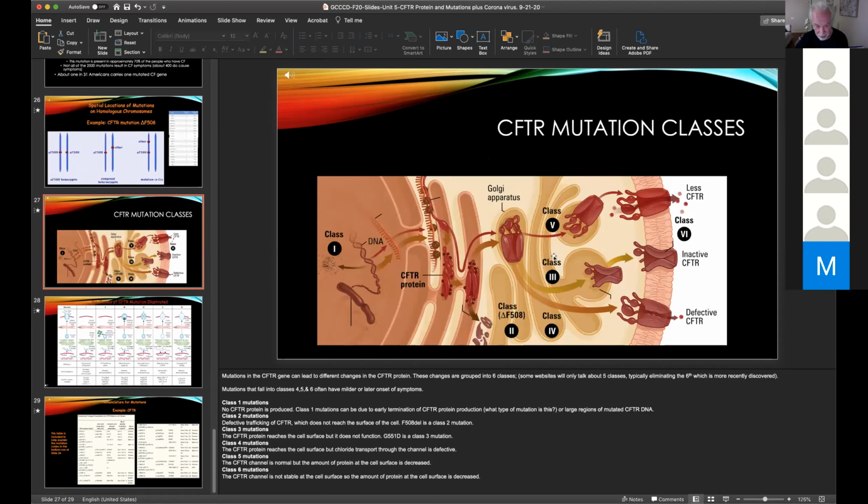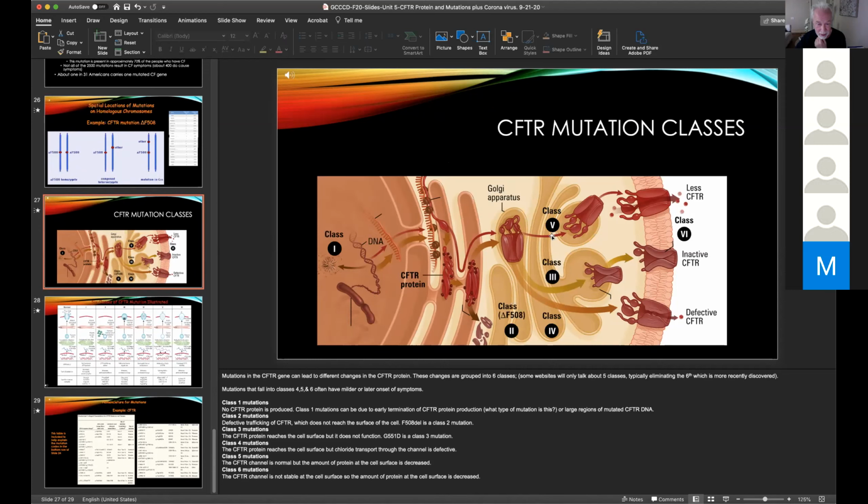So getting back to your project, your mutation is going to fall into one of these 6 classes. Class 1 occurs in the nucleus, where you get no messenger RNA at all, or no protein at all. Class 2 is not decorated properly.